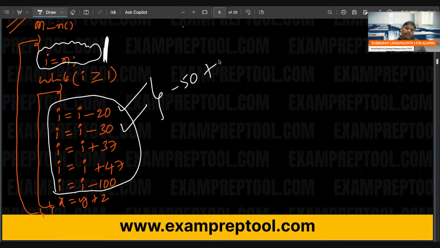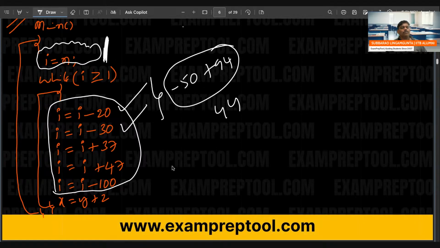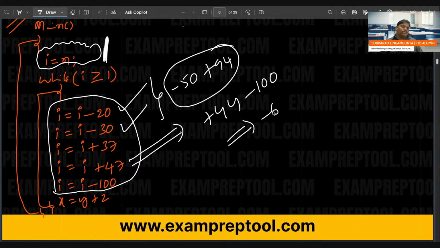So if you see this one, it became plus 44, because if you remove minus 50, so if you add the one more 50, it will become 94. So it became plus 44, right? Afterwards this also completed. This is the answer. Next one, minus 100. So just to do minus 100, which is going to be minus 64. Am I right? 64.